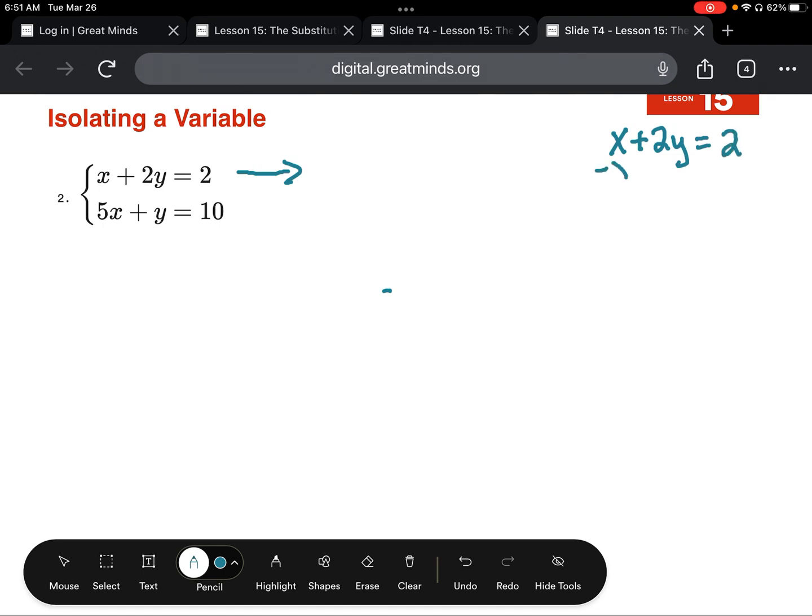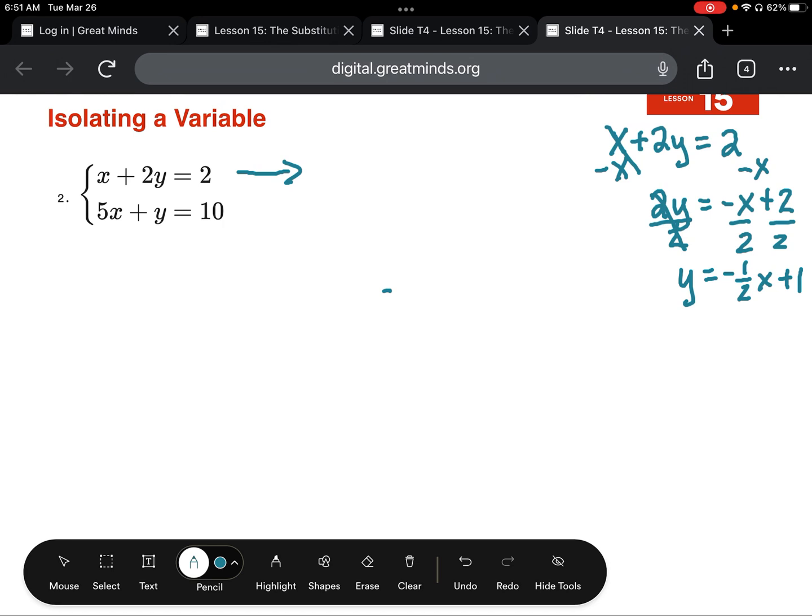Remember getting that into slope-intercept form. 2y equals -x plus 2, dividing everything on this side by 2. Y equals -1/2 x plus 1. Be careful, 2 divided by 2 is not 0, so we do have plus 1.